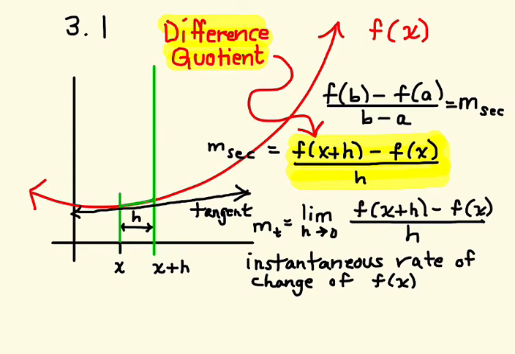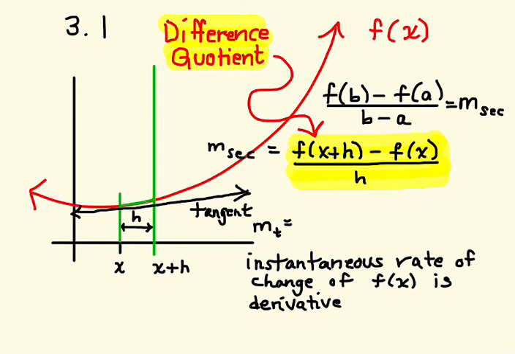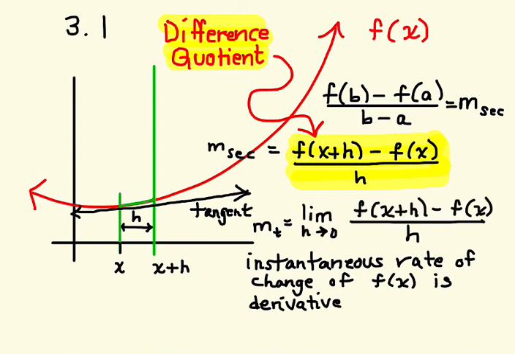And the instantaneous rate of change of a function is called the derivative. That is to say that the limit as h goes to 0 of the difference quotient is the definition of the derivative. So I'm going to grab this, let me copy this, and I'm going to open up another page.